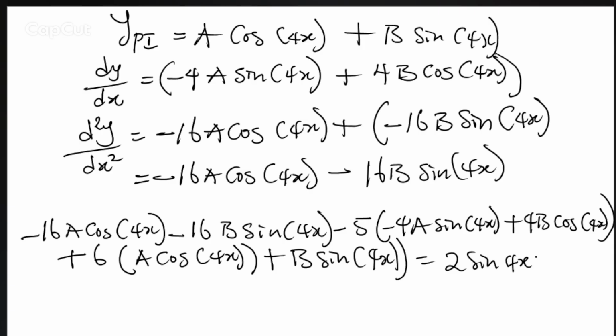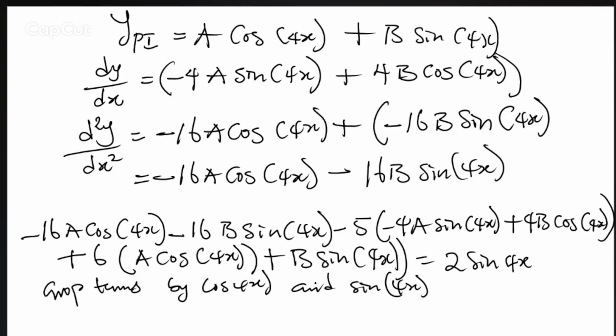So what you simply do is you simplify your right hand side, which is what you have here. Simplifying, we can collect like terms and group terms by cos 4x and sine 4x.